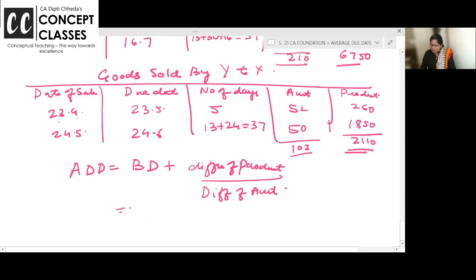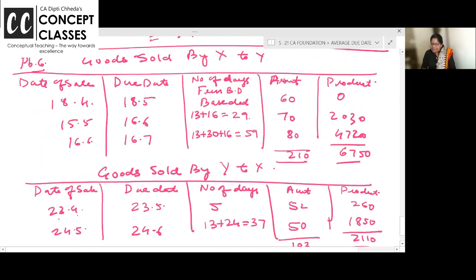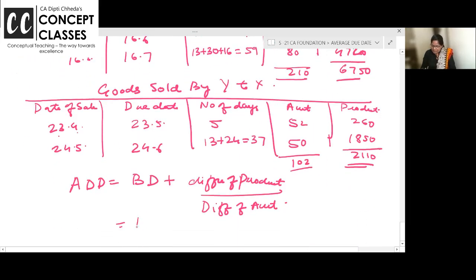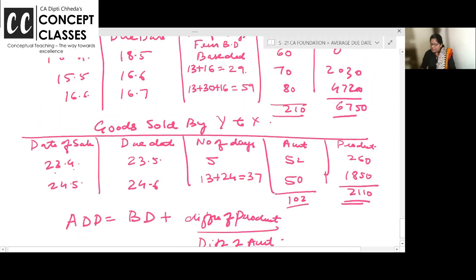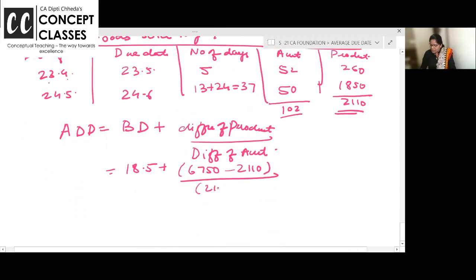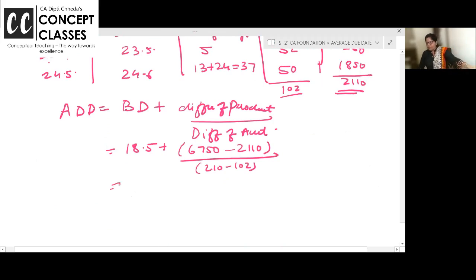Whichever is more, receivable है या payable है, no problem. What is the base due date you all have taken? 18th of May. And now 6750 I have to receive and 2110 I have to pay. So net, same way, 210 minus 102. You'll get the answer.